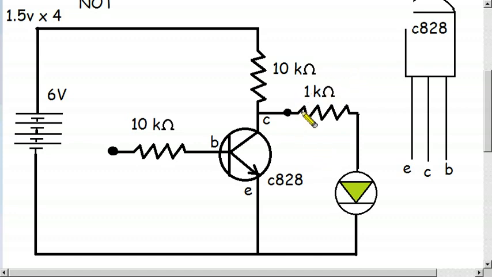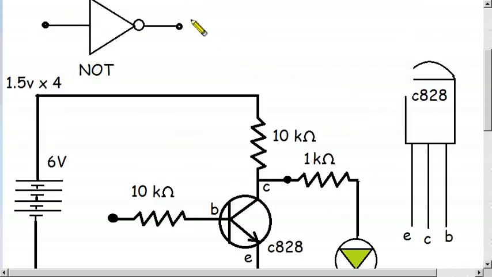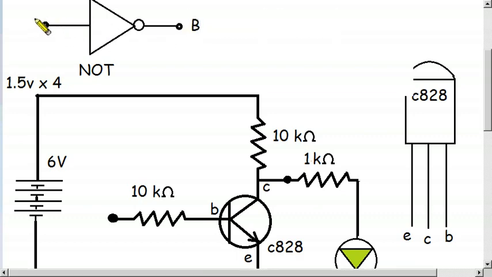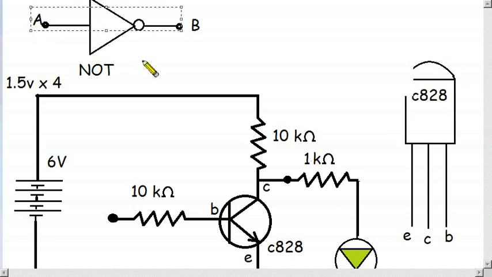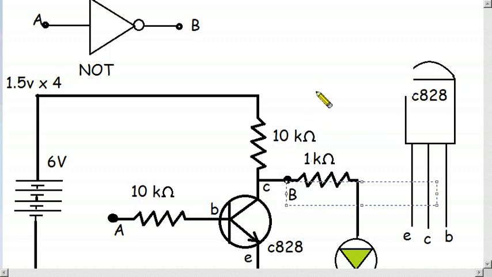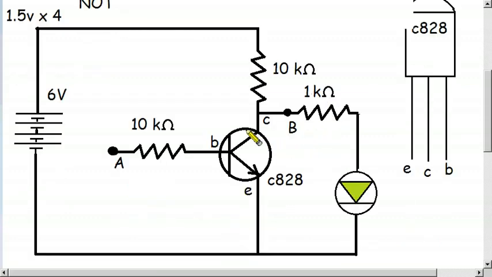If you have a voltmeter, you can connect it to this point. If we say this one is A, the input is A, and this point is B, so like that. So this is the NOT gate.